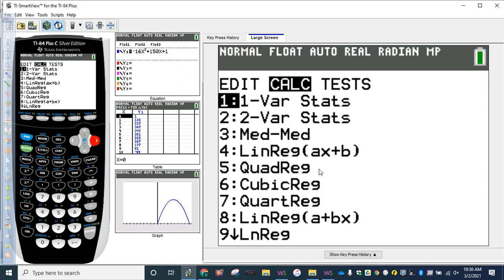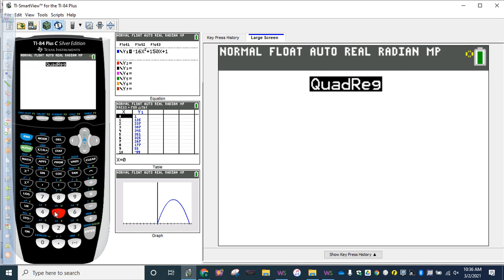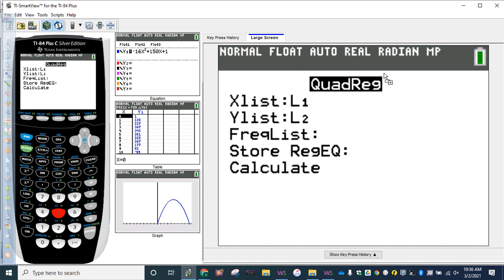So you can arrow down or just hit 5. You know you hit the right thing because you can see it up top here. It says quadratic regression. So you want to make sure you have L1 for X-list, L2 for Y-list. Anybody need help?